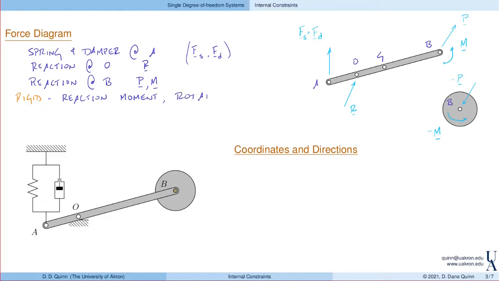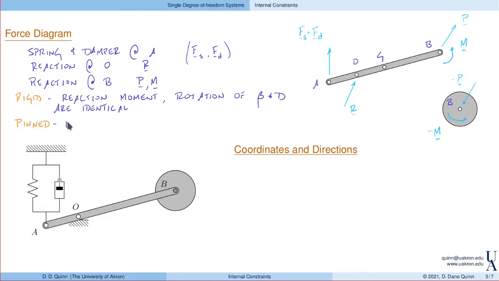So in particular, the rotation of the bar and the disk are identical, because they're welded together. The other case that we want to look at is a pinned connection.